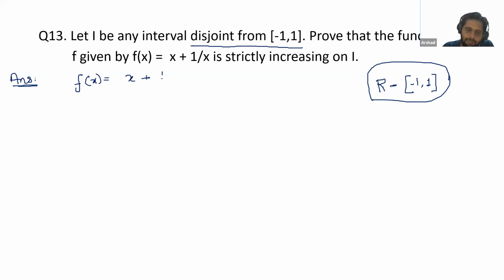This is x plus 1 by x. You will get to know something new in this question. f dash x will be 1 minus 1 by x squared. Then we will take the LCM, so it will be (x squared minus 1) by x squared.